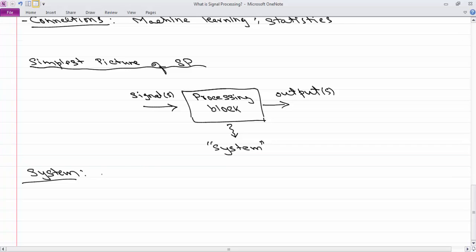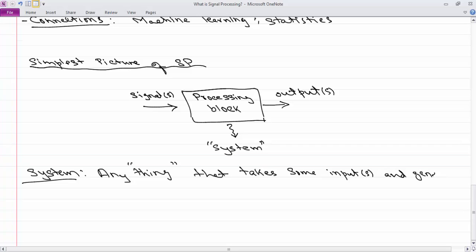A system is anything that takes some inputs and generates some outputs.